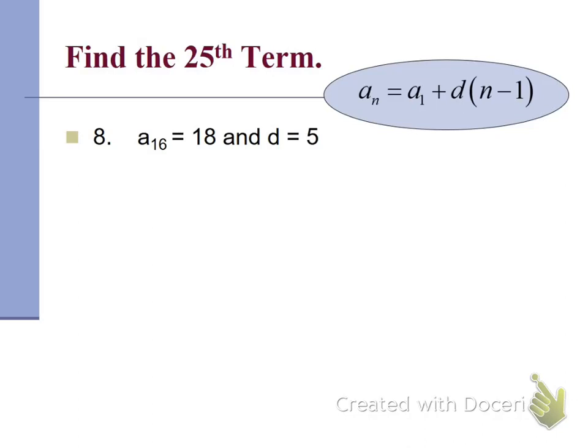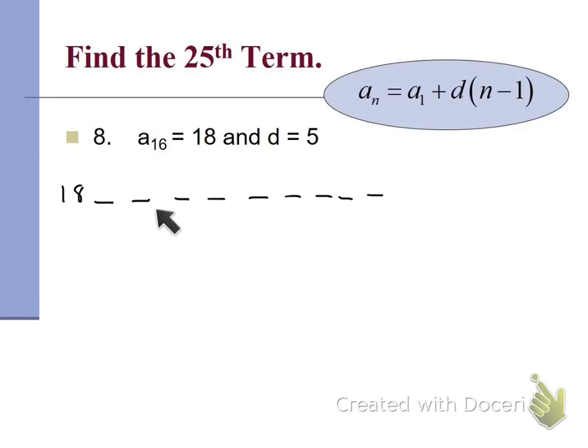So I tell you the 16th term is 18. The common difference is 5. Find the 25th term. Now, I'm not going to lie to you, I would think this. Anybody else think this way? I'm going to do it different than the way I just showed you. If my 16th term is 18, I would immediately go 17, 18, 19, 20, 21, 22, 23, 24, 25.